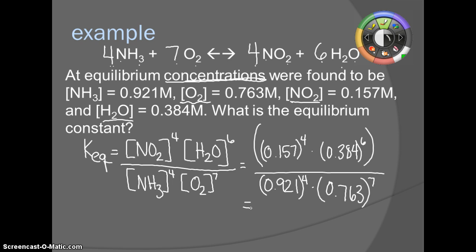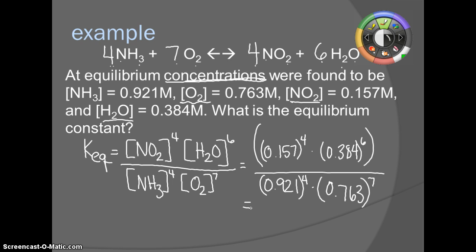0.157 to the 4th. Watch your parentheses on here, it's going to get tricky. Times 0.384 to the 6th, divided by 0.921 to the 4th times 0.763 to the 7th.